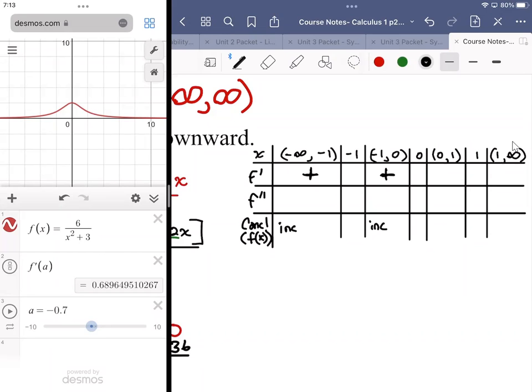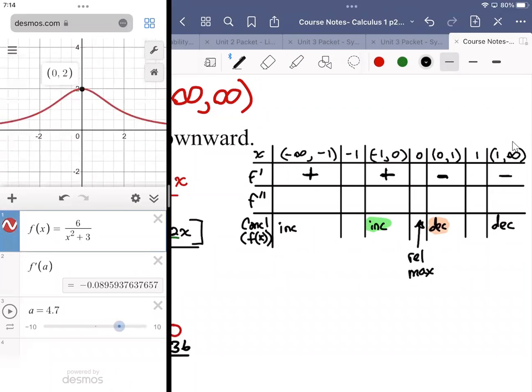Then after 0, it's all negative, whether it's between 0 and 1 or beyond 1, the first derivative is negative. So it's decreasing in both instances. That change from increasing to decreasing shows a relative maximum, which is what we were able to determine just by looking at the picture. We had a maximum right there. It's pretty clear.